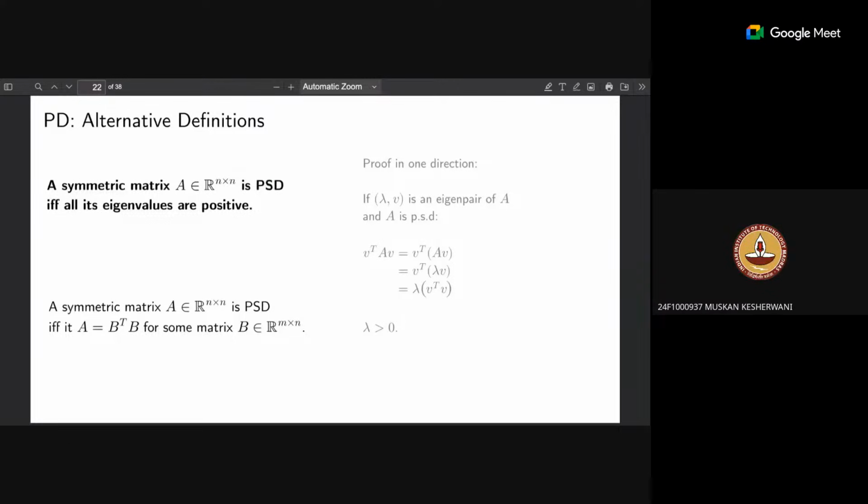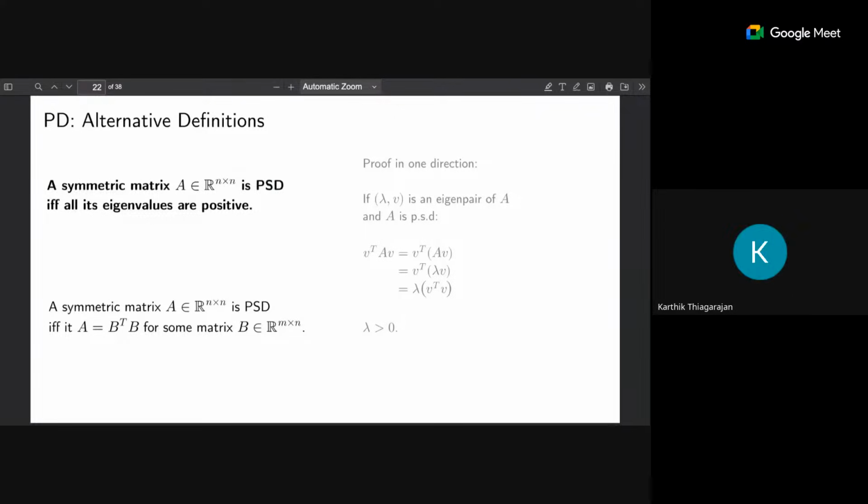If any of the eigenvalues is 0, then it will be positive semi-definite, provided all the others are positive. So if they are greater than or equal to 0, it's positive semi-definite. In the exam, if we have a 3 by 3 matrix and are asked whether it is positive semi-definite or positive definite, we check the eigenvalues, and if one of them is 0, then it is positive semi-definite.